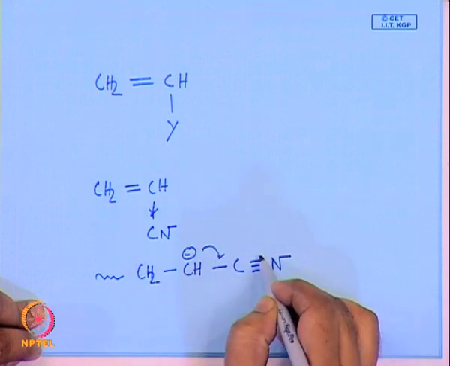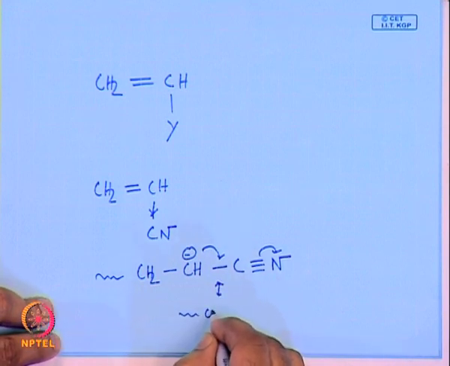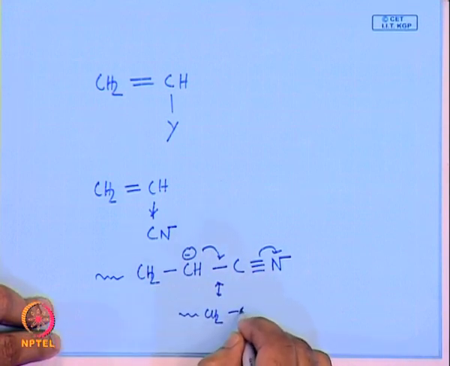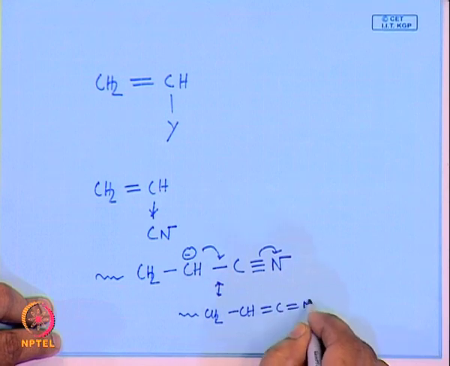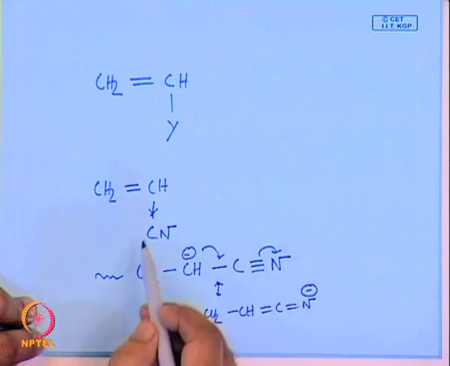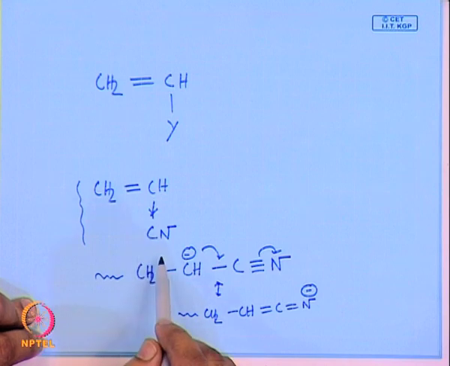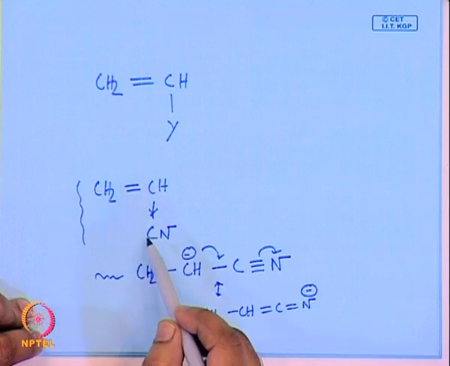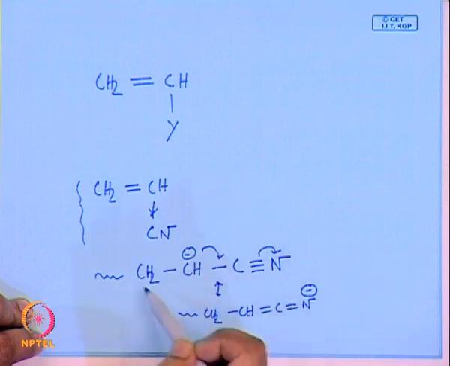Now, it can stabilize and form like this. So, this monomer, acrylonitrile, will be very much feasible. The reaction of this monomer will be feasible by an anionic initiator.